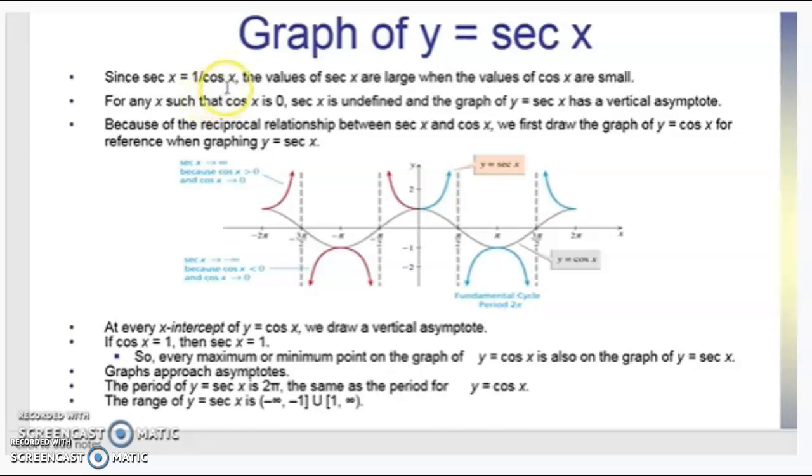Since the denominator of the secant function is the cosine function, this means anytime the cosine function equals 0, you will have an asymptote on the graph of the secant function.